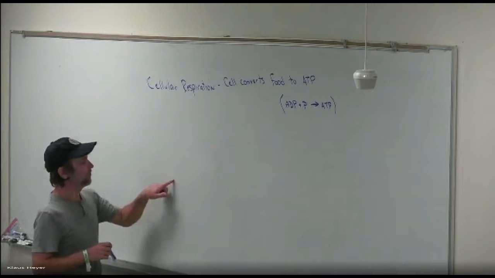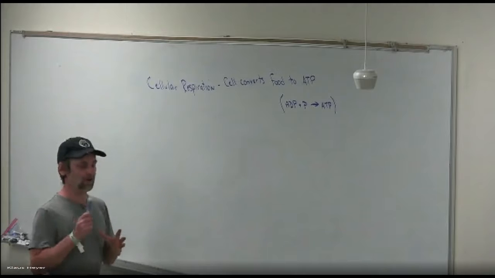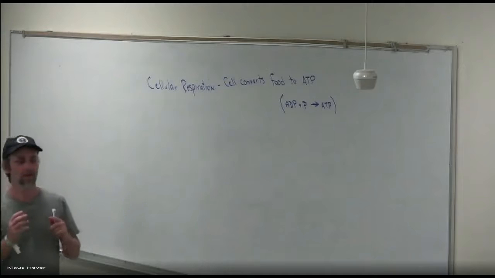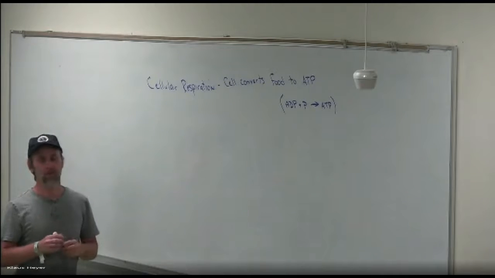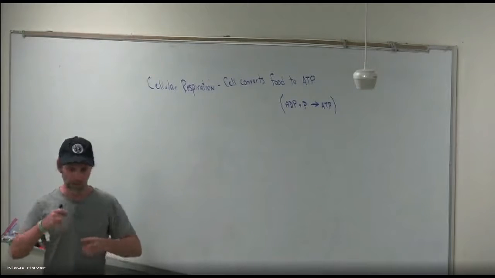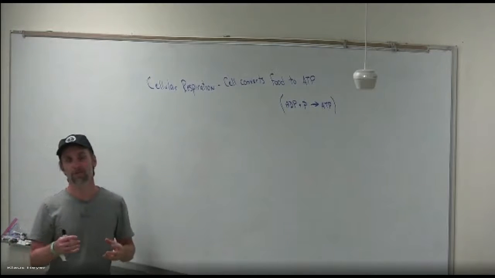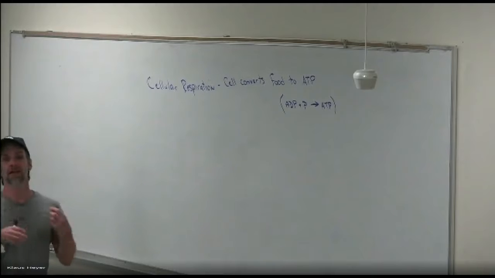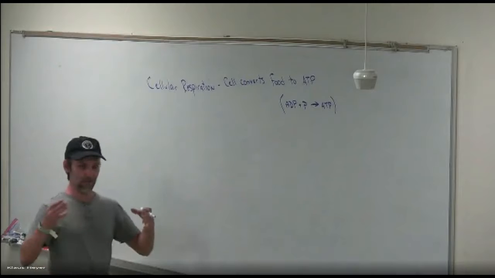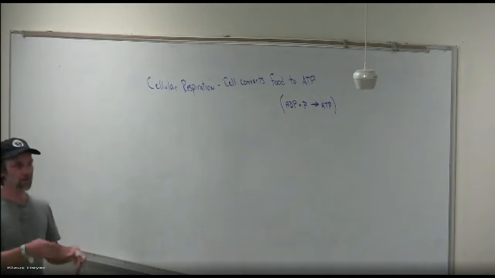So carbs, we're really talking about glucose. It's glucose that enters your blood, so like blood sugar, right? So you've got blood sugar, and then what do you do once the blood sugar is in your blood? The cell's going to take it in, and ideally we want to convert this over to ATP. There are things that go into this, and things that come out.